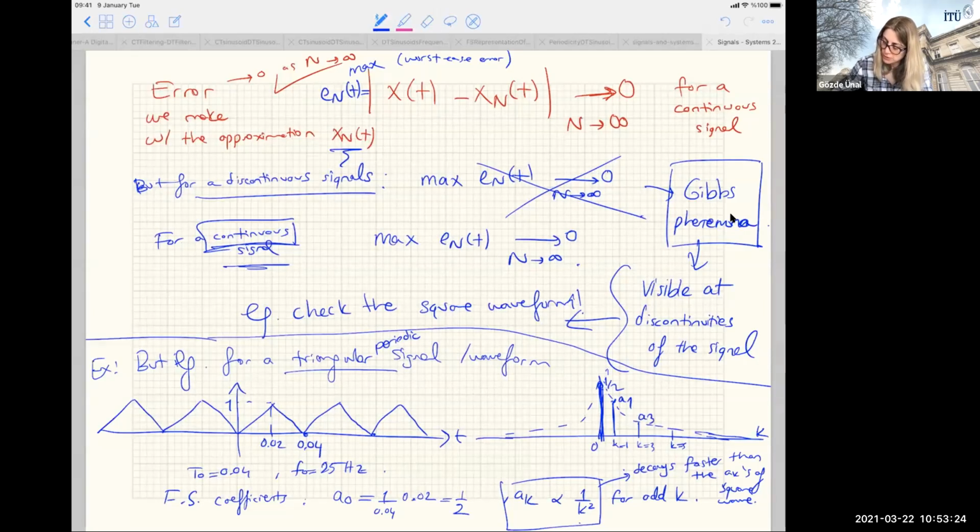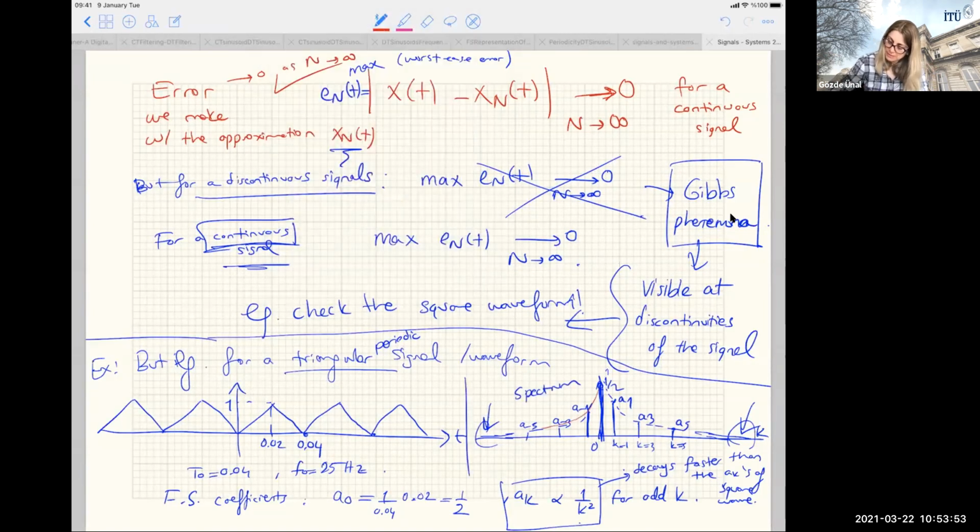You see what I'm doing, right? This is A minus 1, A minus 3, A minus 5, and like this. Decaying faster is good for us. There is less error as we go towards infinity. So here is the spectrum. Let me draw this waveform.